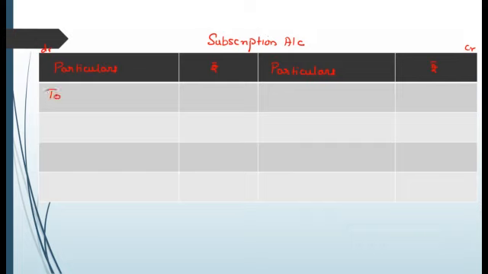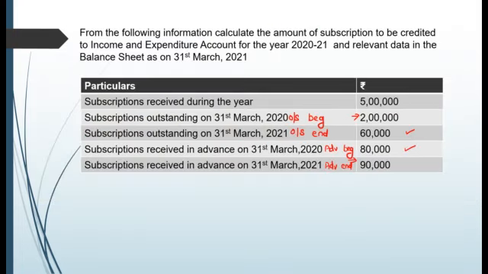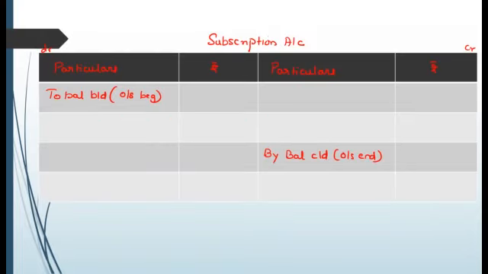You would have to balance brought down, that is outstanding at the beginning, and you would be closing it with by balance carried down, outstanding at the end. Now what is outstanding at the beginning? Outstanding beginning was 2 lakh, end was 60,000. So 2 lakh and 60,000.